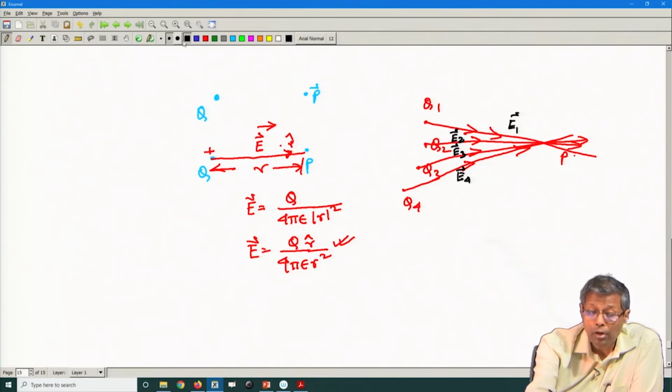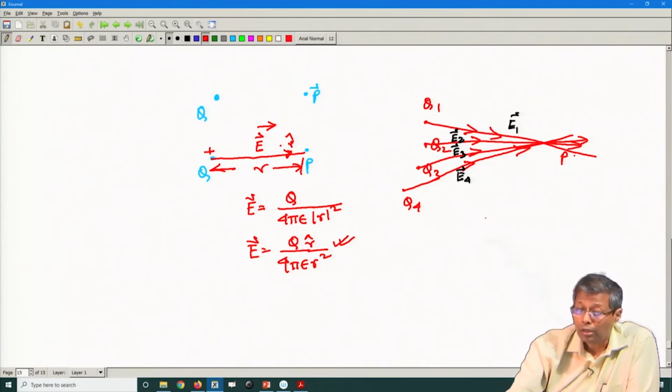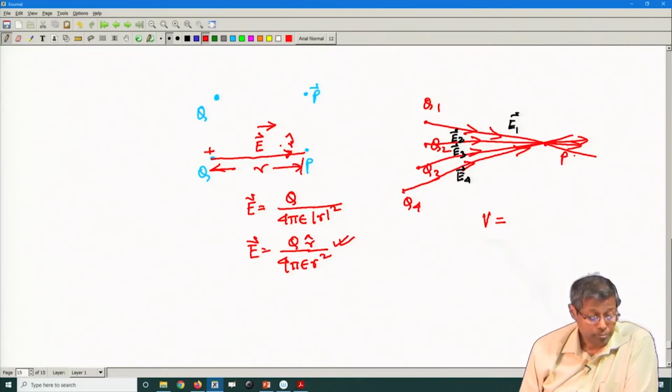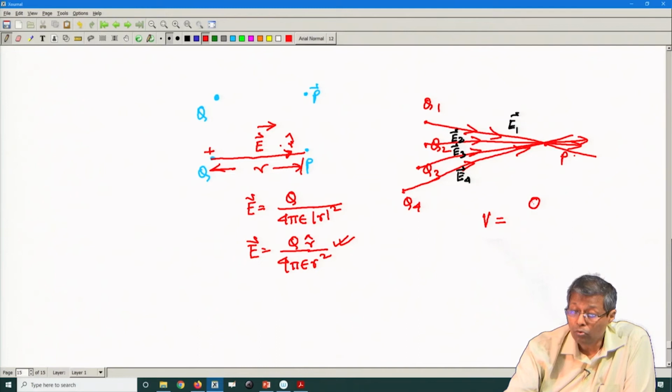So, in order to avoid this, we follow the route that we compute the potential at point P due to one particular charge, and that is given by Q by 4 pi epsilon.